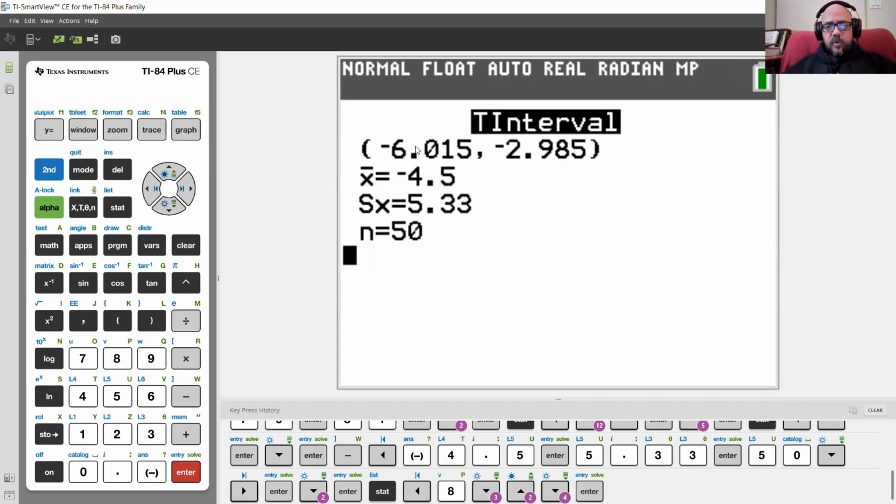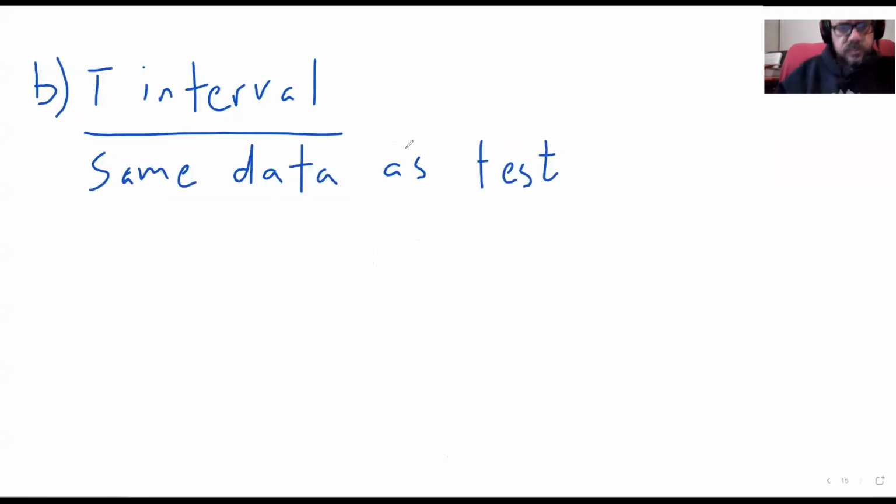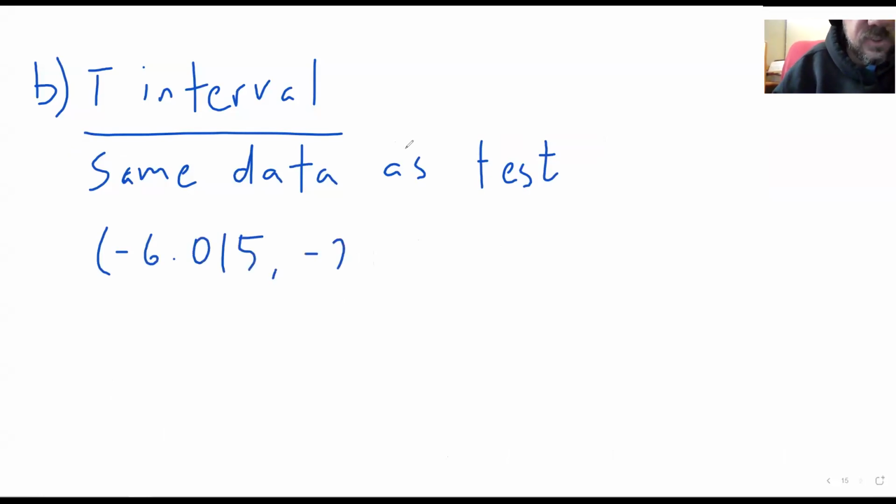So negative 6.015 to negative 2.985. So let's write a conclusion. See, nice little text function.